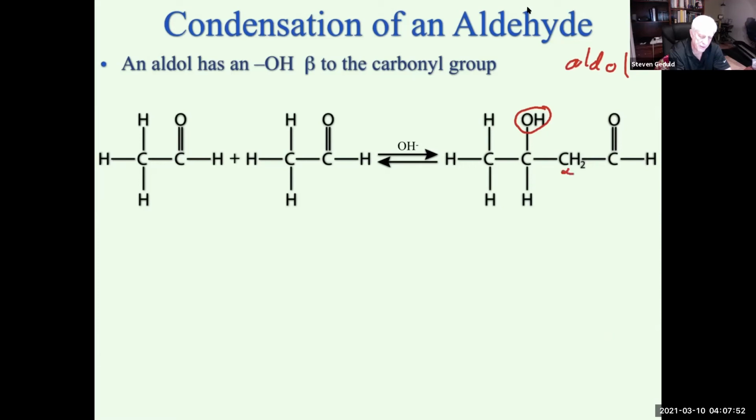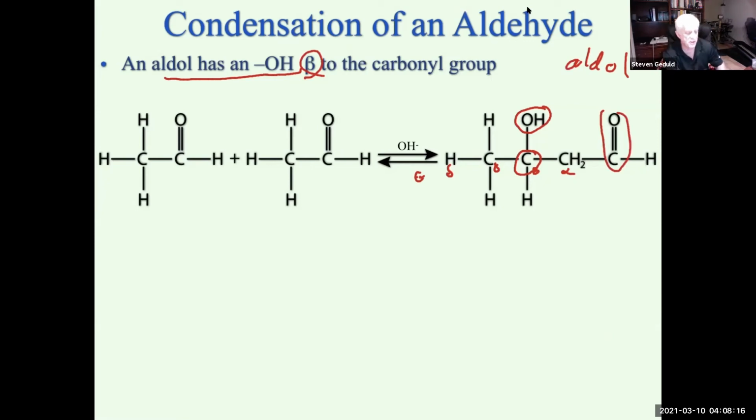Then you have alpha, beta, gamma, delta, epsilon, etc. All the Greek letters. So this is your beta carbon right here, and that's the one that has the OH group attached. So the aldol has an OH group beta to the carbonyl group.